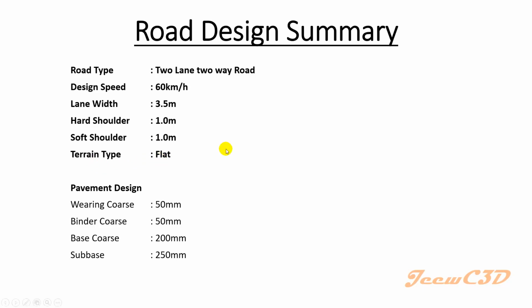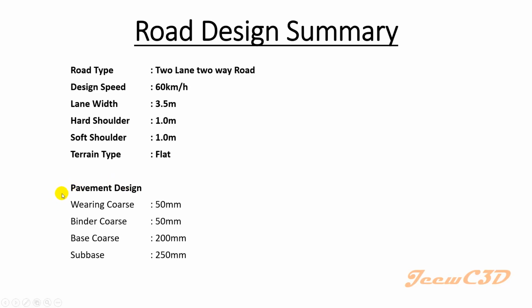And I assume that you have to do this like a local RDA road, a two-lane, two-way road. So you have to use RDA design guidelines. You have to follow RDA design guidelines to create this road. When creating the road, you are given a pavement design thickness, which you need in road designing.